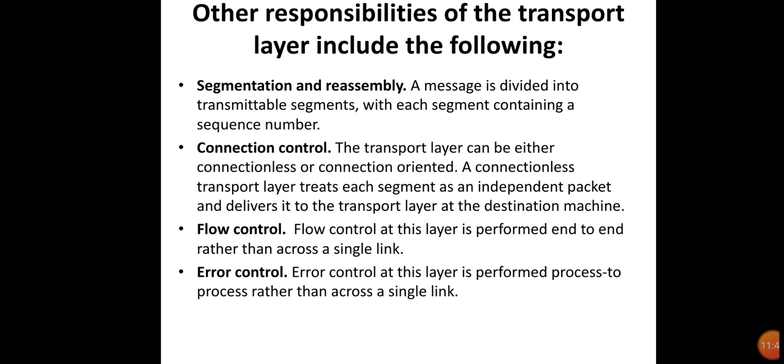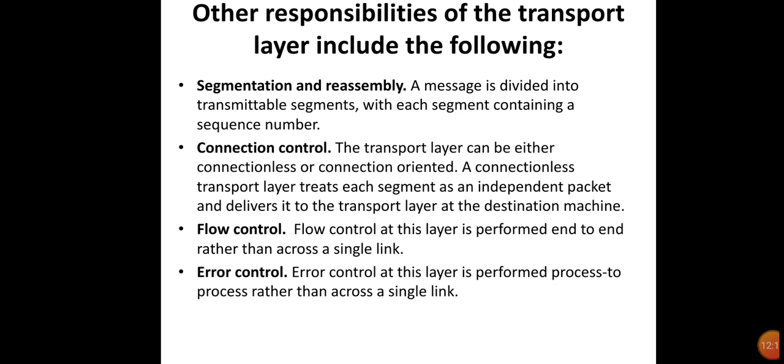Segmentation and reassembly. A message is divided into transmittable segments with each segment containing a sequence number. Connection control. The transport layer can be either connectionless or connection oriented. A connectionless transport layer treats each segment as an independent packet and delivers it to the transport layer at the destination machine.